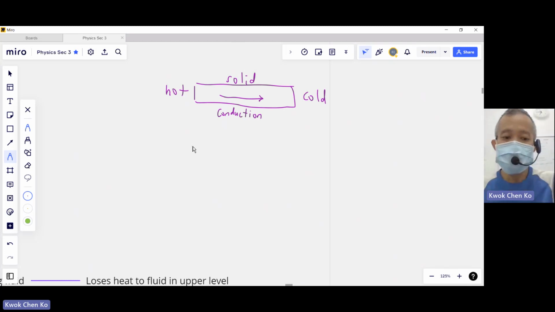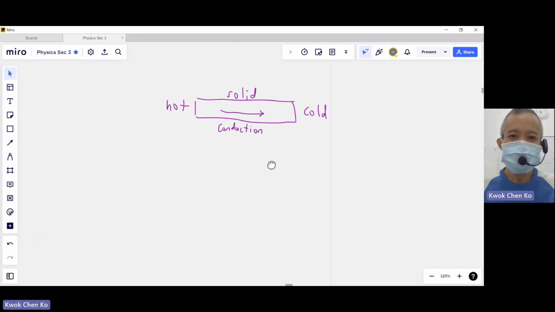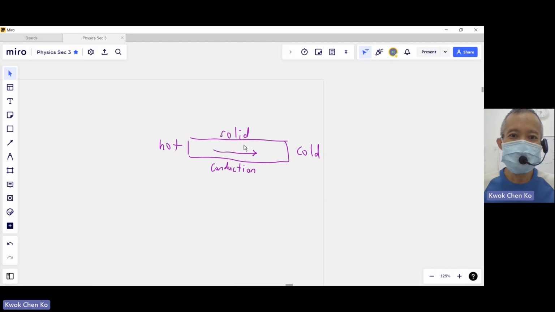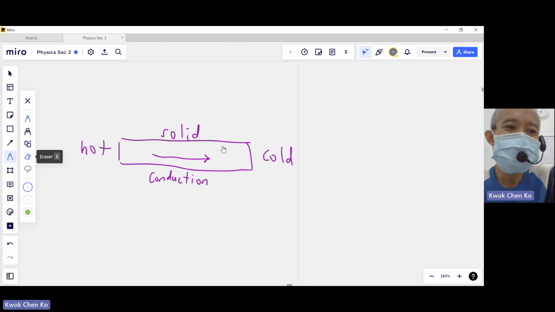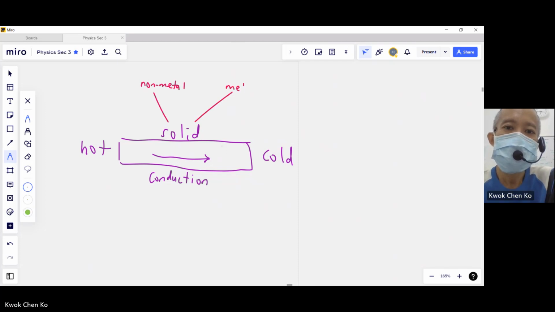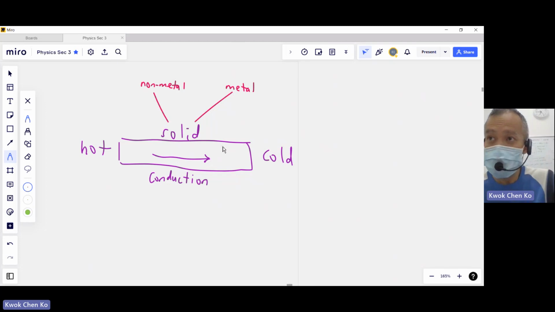Okay, I'm using another way to teach now. I'm using a simpler method for you. But for you, there are two kinds of solids. One is non-metal. The other is metal. Of course, you make sure you know what are metals and non-metals.